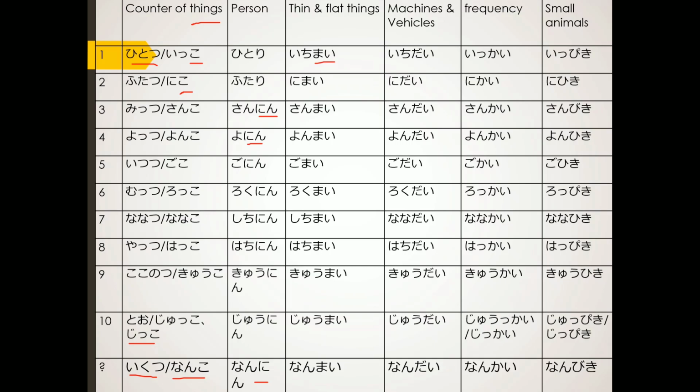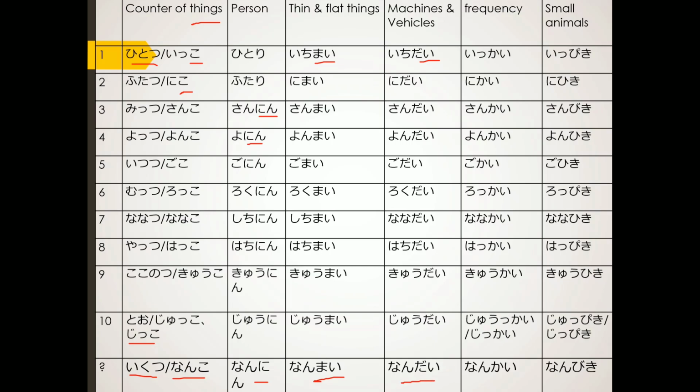Ichimai, nimai, sanmai, yonmai, gomai, rokumai, shichimai, hachimai, kyumai, jumai. Question is nanmai. For machinery things like computer, car, all kind of machinery things, counter is dai. Ichidai, nidai, sandai, yondai, godai, rokudai, nanadai, hachidai, kyudai, judai.